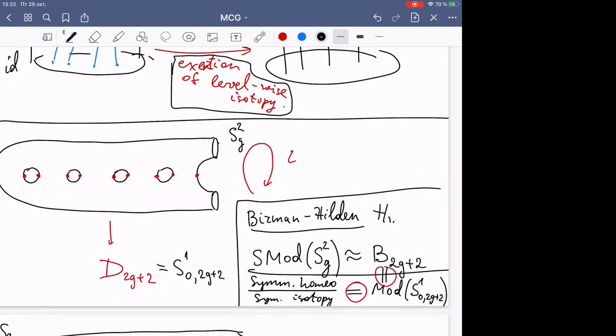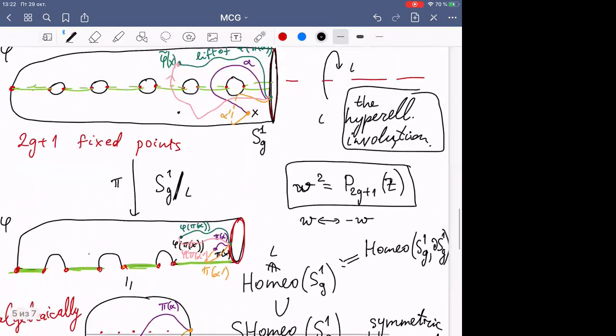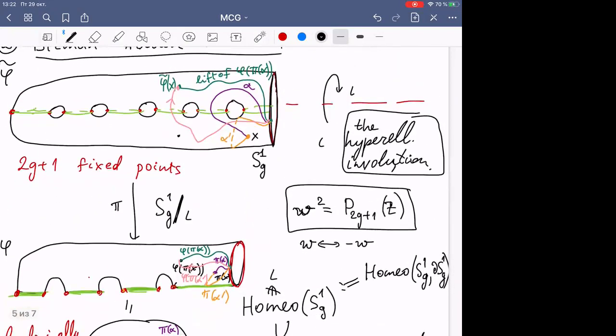The matter is that, look, what is different here? The difference is that this argument with lifting of paths doesn't work properly. The matter is that we do not have a boundary.